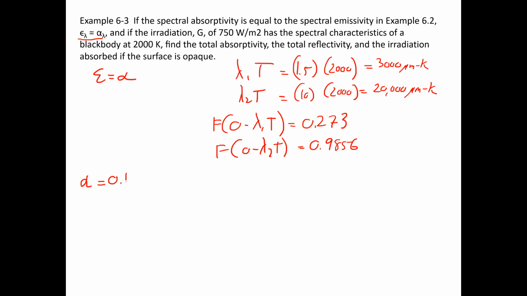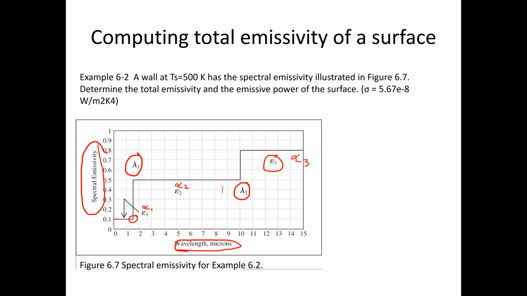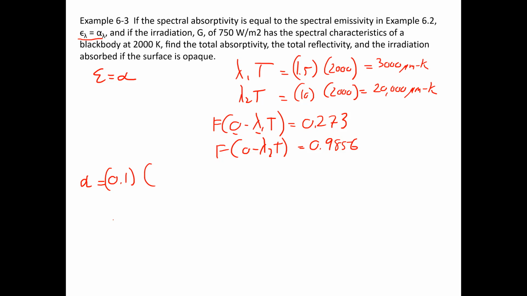So in computing the total effective absorptivity, you'd have the first range, which gives you an absorptivity value of 0.1 between 0 and lambda 1, which is 1.5 microns. So that would give us 0.1 multiplied by 0.273.